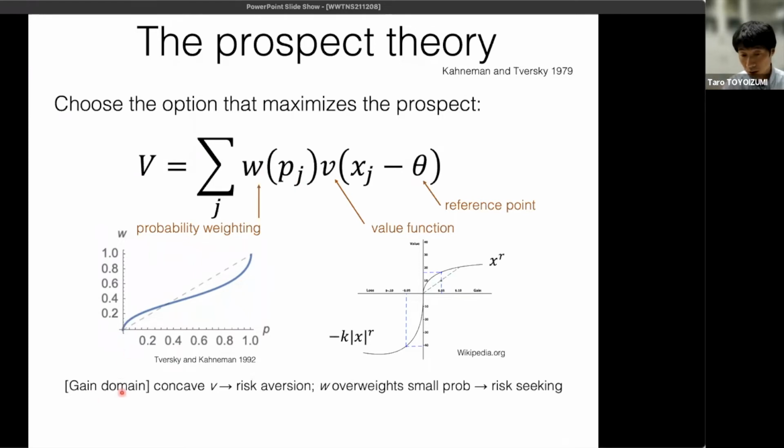In the gain domain, the model uses a concave V function. And this basically explains risk aversion.